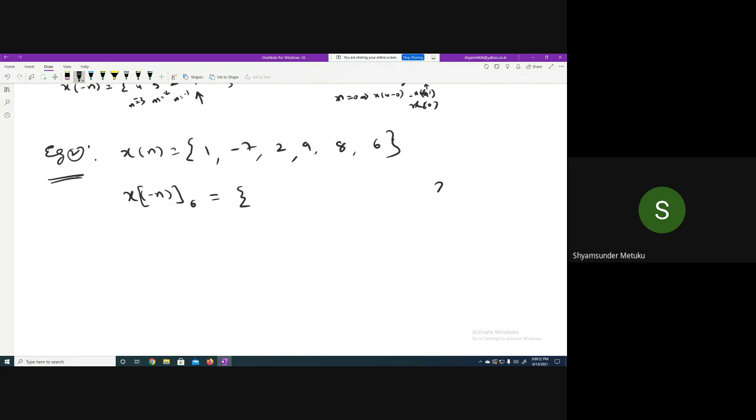Tell me what is the value here. 1, 6, 8, 9, 2, minus 7. Simply reverse, right? The first sample you write as it is, remaining sample you write reverse. 6, 8, 9, 2, minus 7. Is it clear or not?